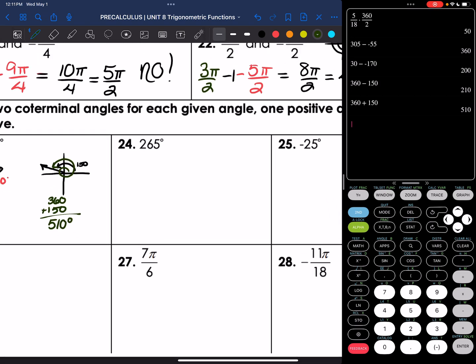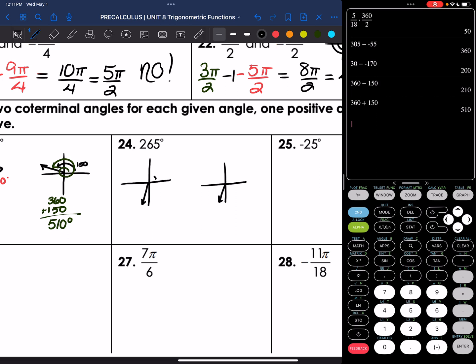How about for example 24, where we're looking at 265 degrees? Well, where is 265? Let's kind of draw our 2 sketches here. We'll do one for positive rotation, one for negative rotation. 265 is just about 3/4 of the way, right? It's going to put me right here.